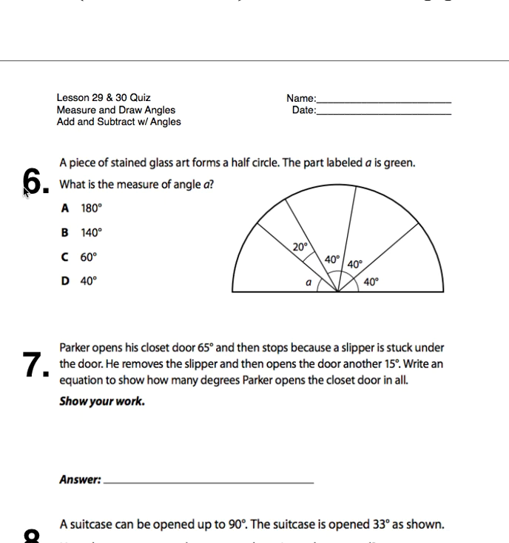Right, number 6. A piece of stained glass art forms a half circle. The part labeled A is green. What is the measure of angle A? All right, so we've got a lot of angles here.